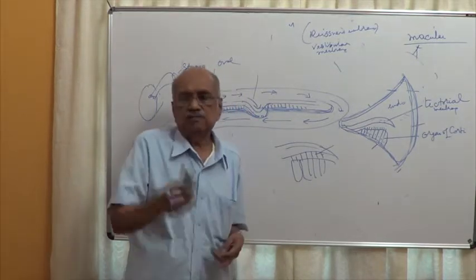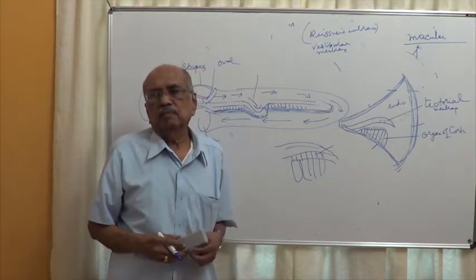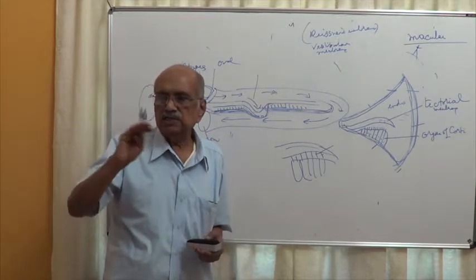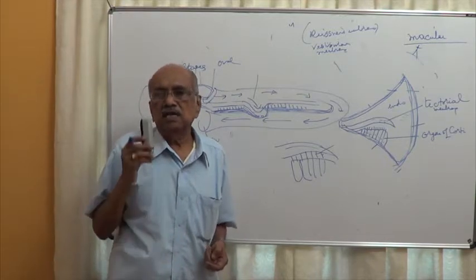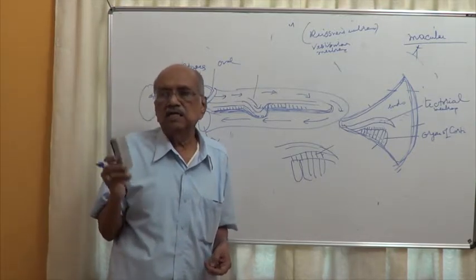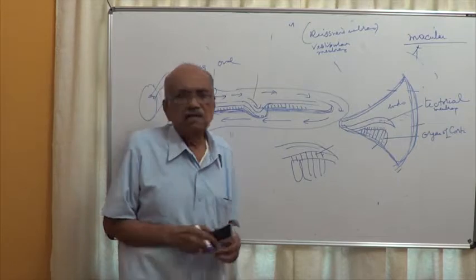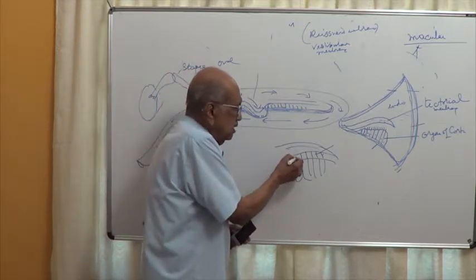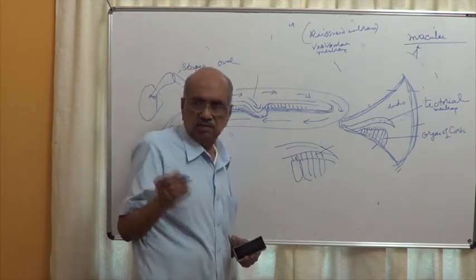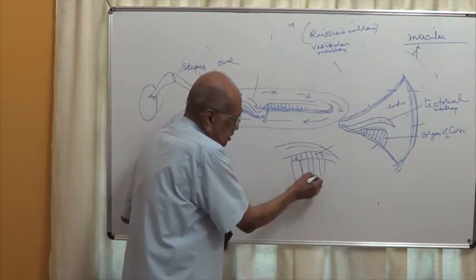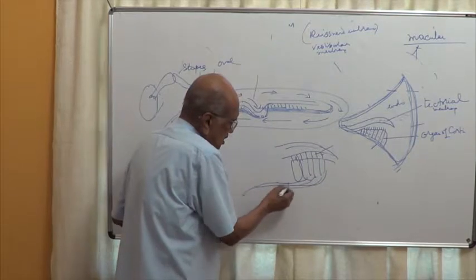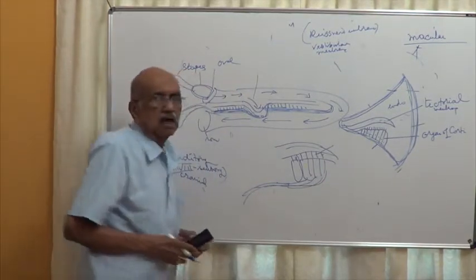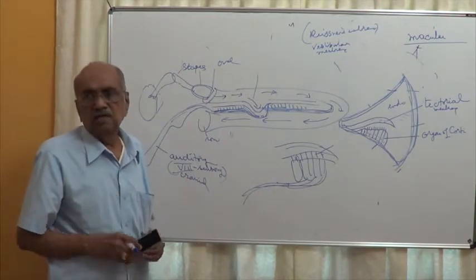Any change in the orientation of the tectorial membrane, I repeat, any change in the orientation of the tectorial membrane is immediately felt by the cilia and conveyed to the cells, and you find what starts there are the sensory neurons.